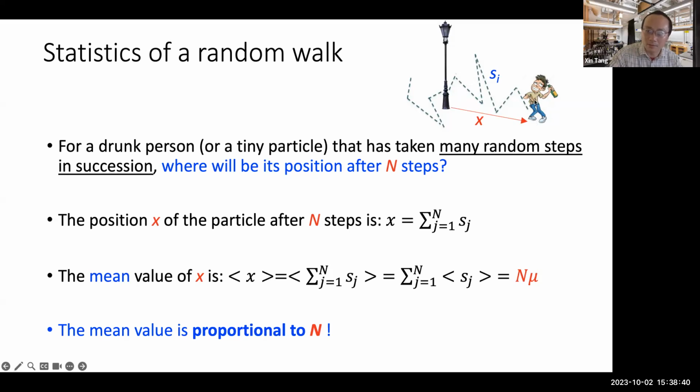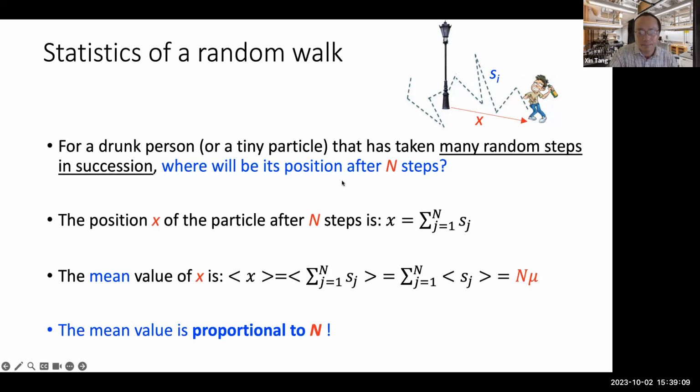So every step is non-correlated, but those steps are in succession, one after another. So after n steps, what's the current position? That's what we want to know. If that position is far enough away, how far is that? We want to know that.